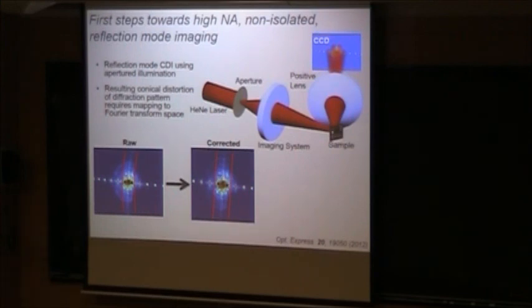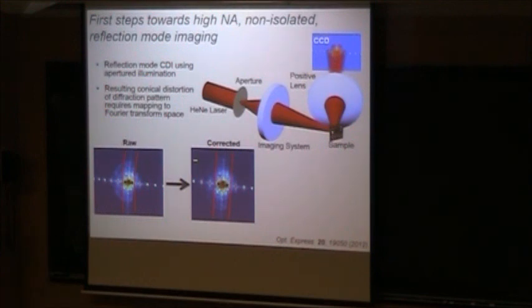Another thing is, because the sample is tilted with respect to the incoming beam, the incident beam is not normal to the normal vector of the sample. And so this causes a tilt of the diffraction data. So the scatter pattern that we're collecting is not linear in frequency space. And so we correct for this. We remap it onto a linear frequency space so that we can run our reconstruction algorithms on the scatter pattern.